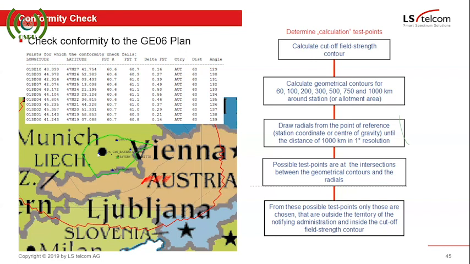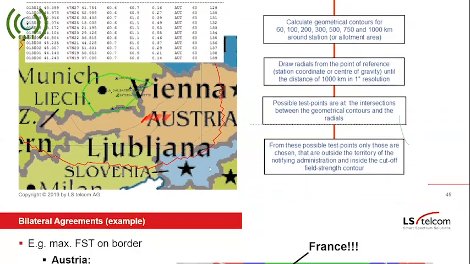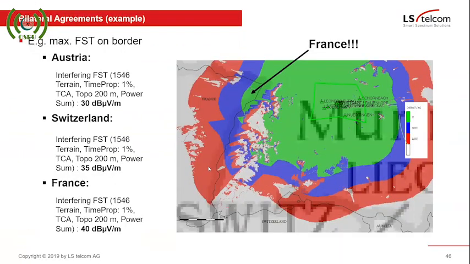So if I do it from a certain station, it will tell me where this contour is activated or it's crossing the border into another country, I need to coordinate that station with the other country, and I need to go through the agreed coordination procedure, because this will just tell you that you need to coordinate with your coordination contour that's being developed or calculated.